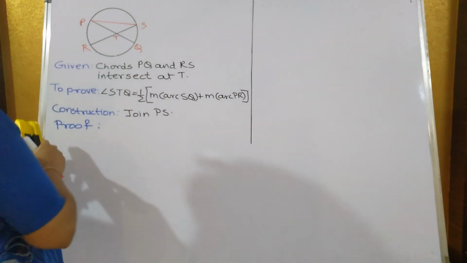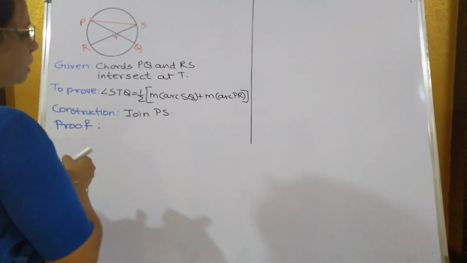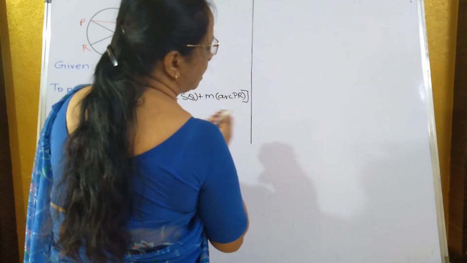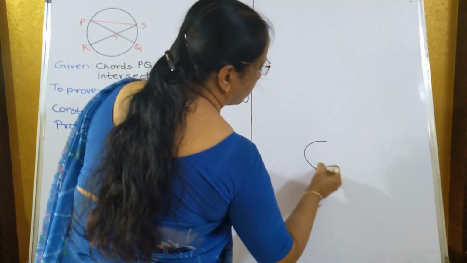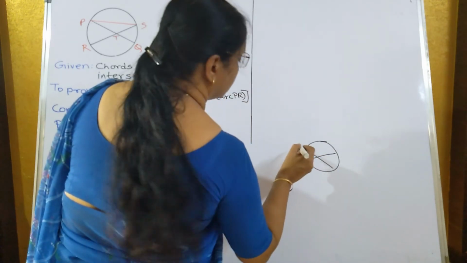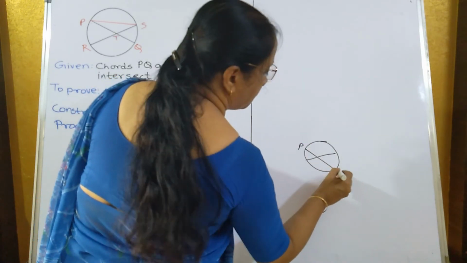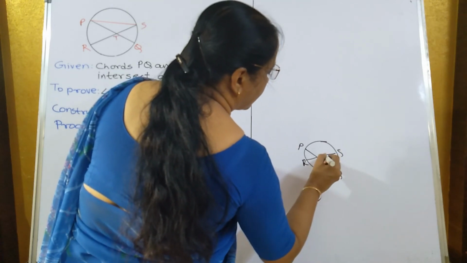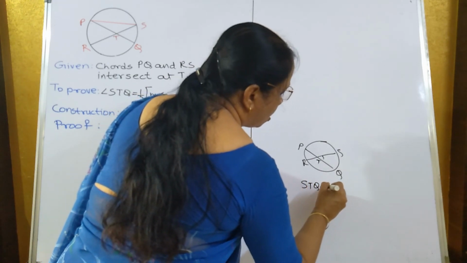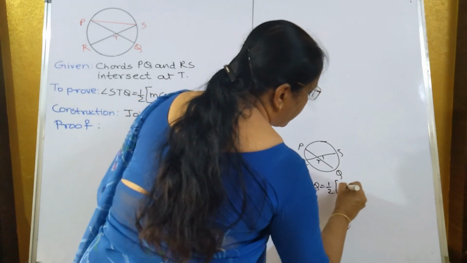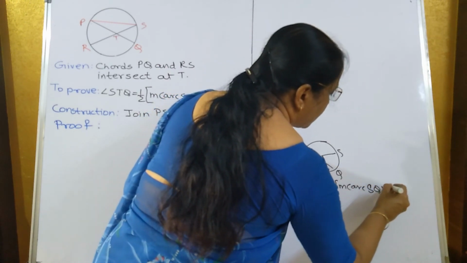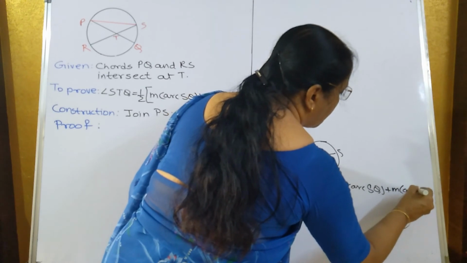Here the chords are intersecting inside the circle. If two chords are intersecting inside the circle, then angle STQ will be equal to half of the measure of arc SQ plus measure of arc PR.